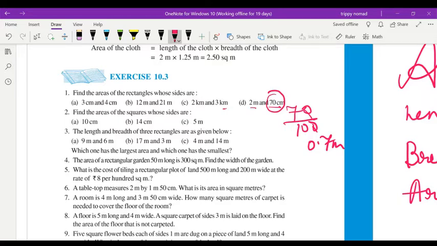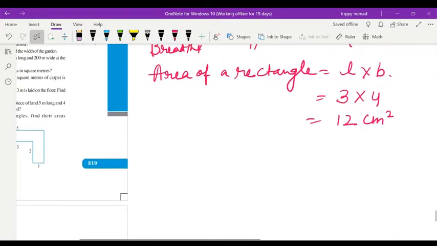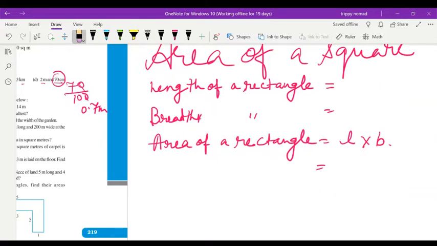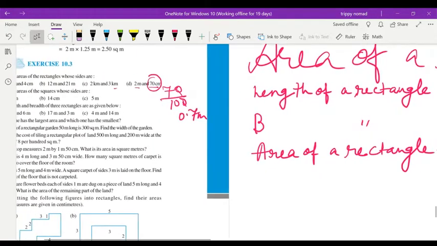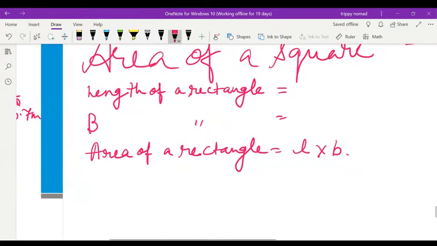So I am showing you how to convert. You just wait. Here I am going to change the statement. 2 meter and 70 centimeter.